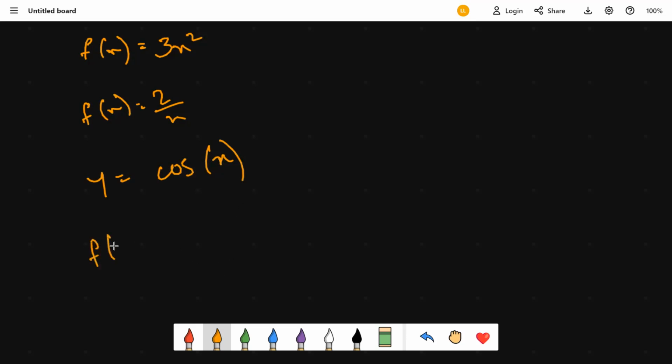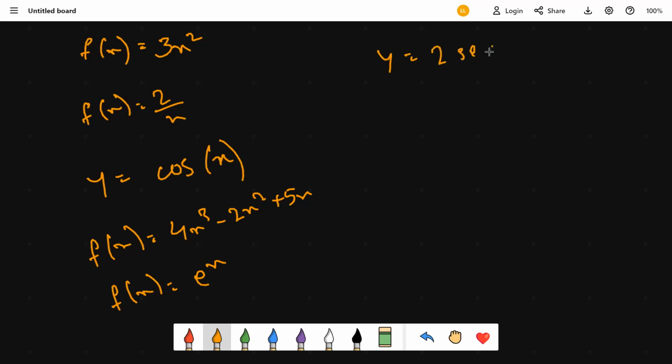Then f(x) equals 4x cubed minus 2x squared plus 5x. f(x) equals e to the power x, y equals 2 sec squared x, tan x.